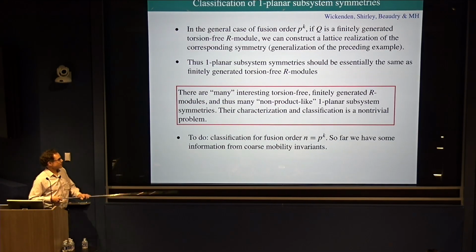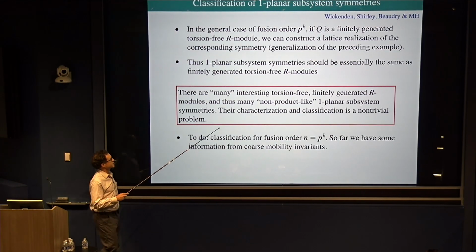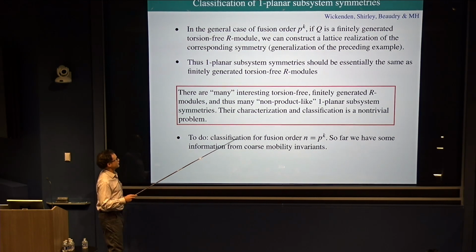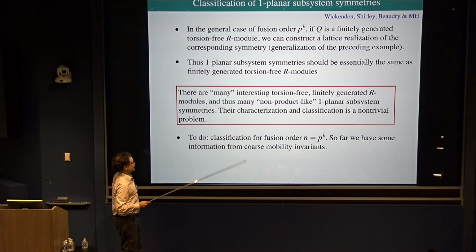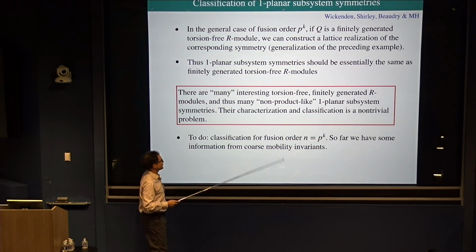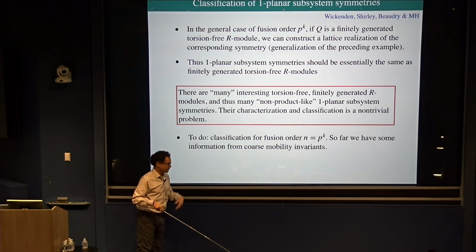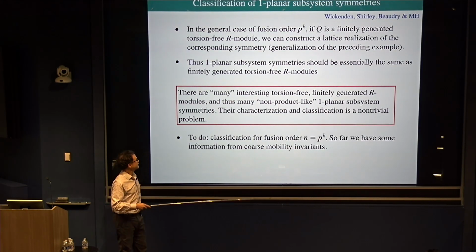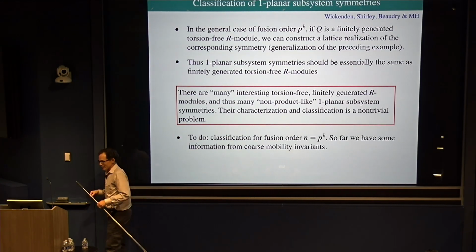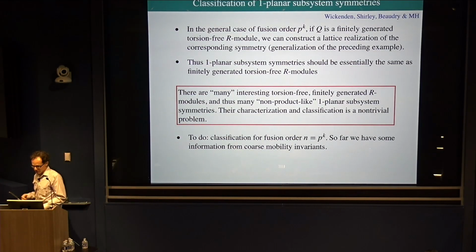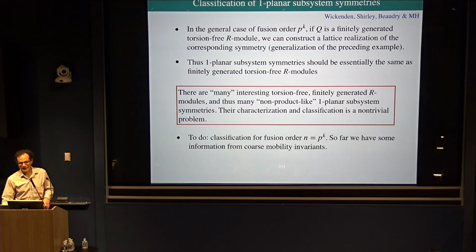But the bottom line here is that, especially if you think about this more generally at higher fusion orders, there are a lot of interesting finitely generated torsion-free R modules. And at higher fusion orders, we don't know how to describe them all yet. And so therefore, there are a lot of interesting non-product-like one-planar subsystem symmetries. And so classifying these and characterizing them is definitely not a trivial problem.